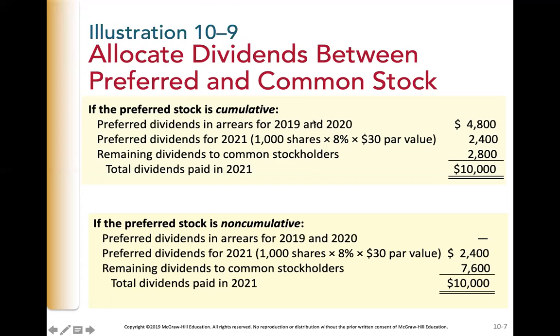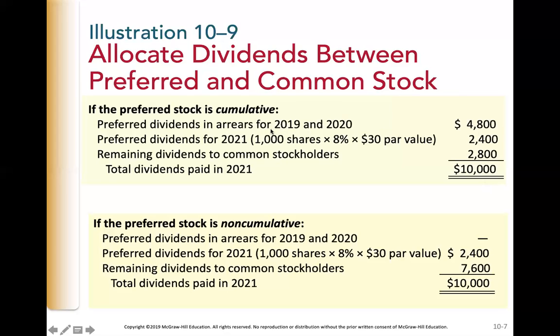We're paying the 2019 dividends in arrears that have not been paid, the 2020 dividends in arrears that have not been paid, and the 2021 dividends for the current year. So if we had declared a $10,000 total dividend, preferred shareholders are getting all of this money before anything is distributed to common shareholders. So you see why cumulative dividends are good for preferred shareholders.